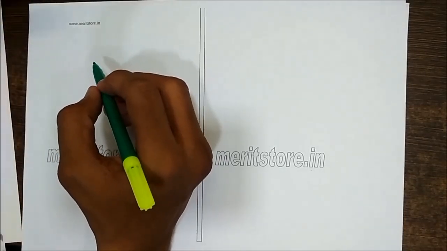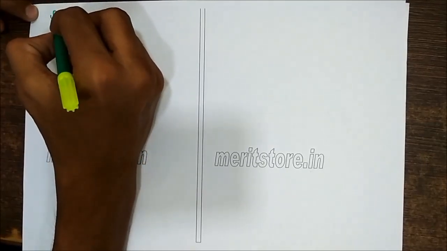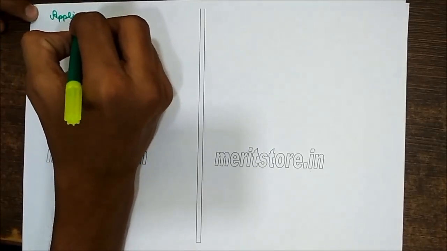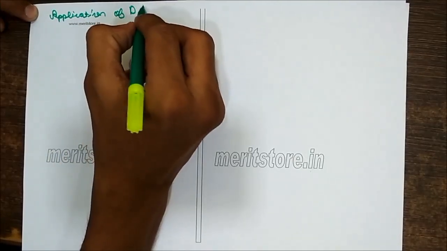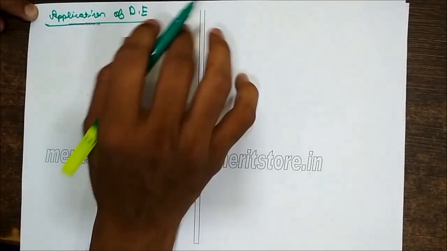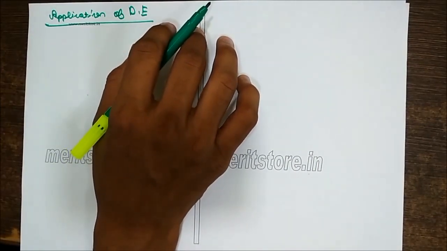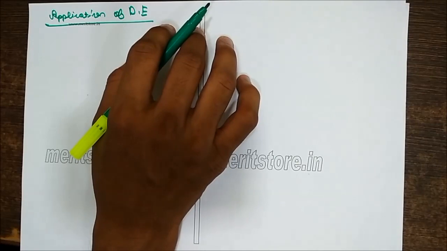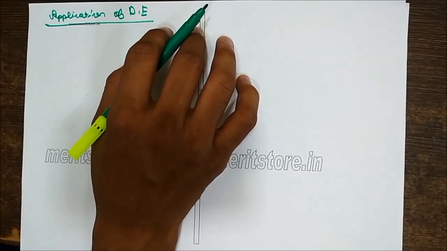Okay guys, let's talk about applications of differential equations. If P is the population of a city at a time t which increases with respect to time t, then the rate of increase in the population of the city is proportional to the existing population.